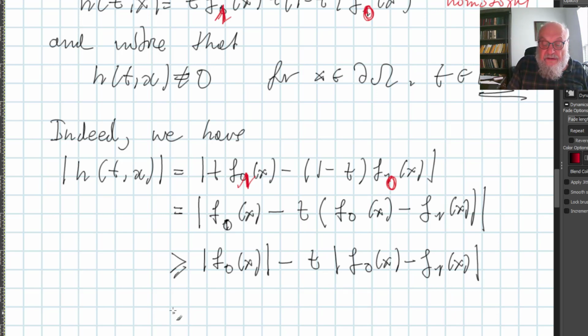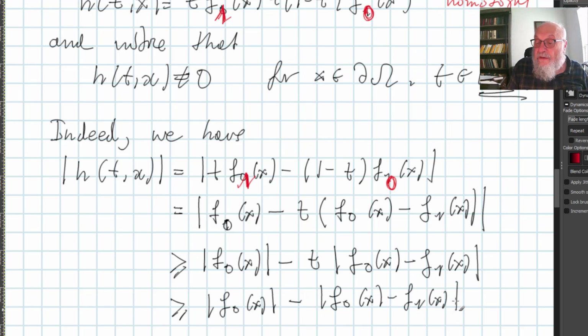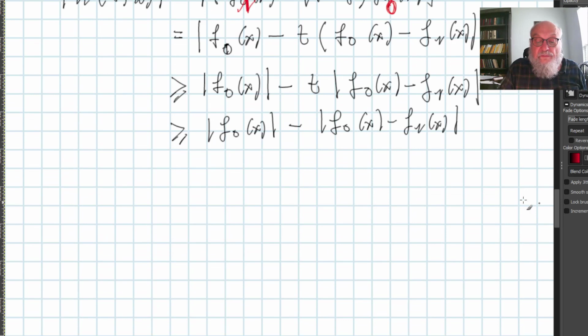And since t is in 0, 1, I can write it again, f0 of x minus norm of f0 of x minus f1 of x.